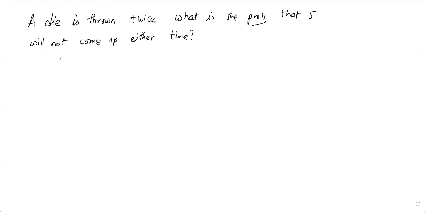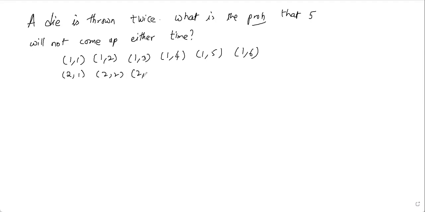The outcomes are 1 comma 1, 1 comma 2, 1 comma 3, 1 comma 4, 1 comma 5, 1 comma 6. And now let us put 2 comma 1, 2 comma 2, 2 comma 3, 2 comma 4, 2 comma 5, 2 comma 6.